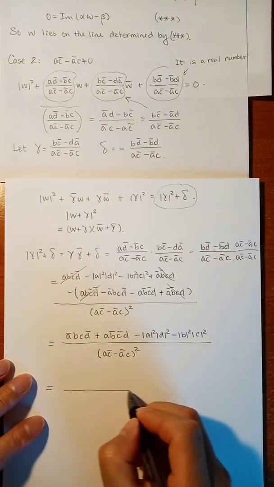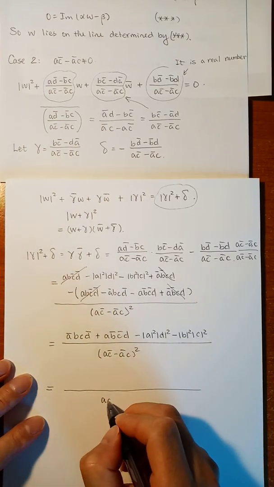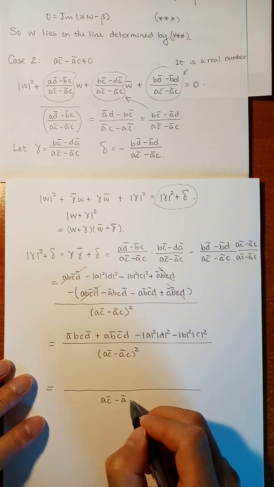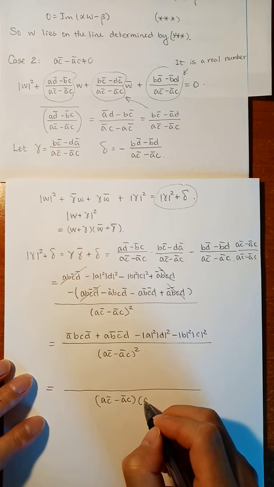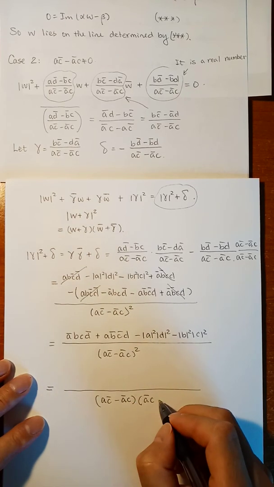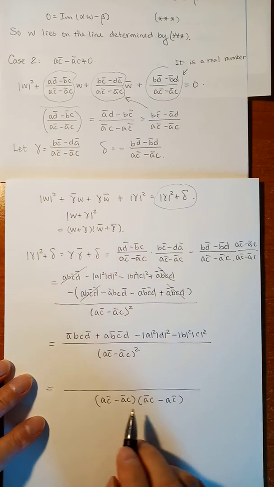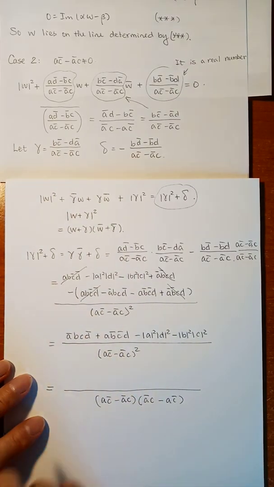So after we factor out the negative sign, we will get AC bar minus A bar C times A bar C minus AC bar. We exchange the position to get a negative sign.